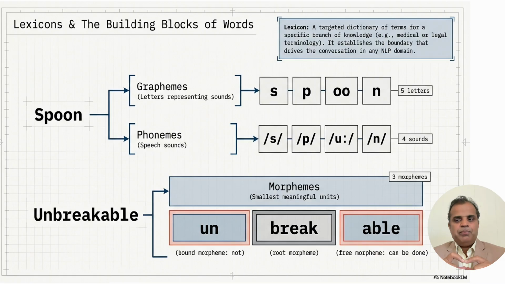Assume a word unbreakable. It is made of 3 morphemes. The prefix is un, meaning not. The root word is break, and the suffix is able, signifying its capability. Recognizing these building blocks allows our pipeline to handle complex variations more effectively.